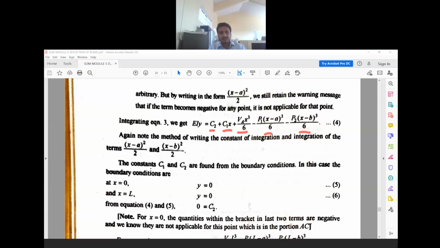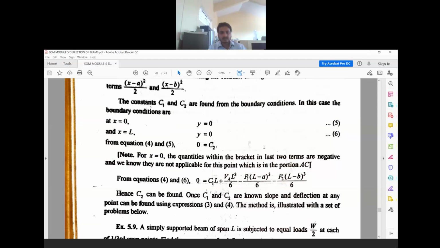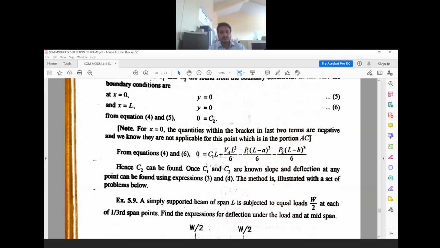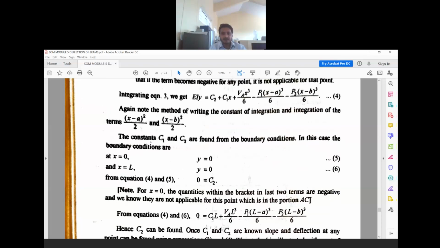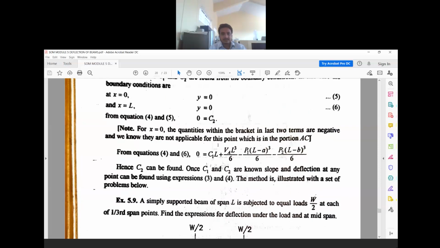Okay. So the constants C1 and C2 are to be found from the boundary conditions. So we have, if the value of x is 0, your deflection will be 0, and at x is equal to L, the deflection will be 0. So from equations 4 and 5, we can observe that for x is equal to 0, the quantities within the brackets in the last two terms are negative, and we know they are not applicable for this point which is in portion AC.